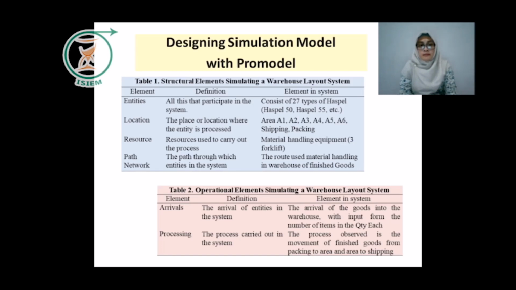Structural element of the simulation warehouse layout system is divided into 4 elements: entities, location, resource, and path network. Operational element is divided into 2 elements: arrival of the goods into the warehouse with input from the number of items in quantity, and the process observed is the move of finishing goods from packaging to area and area to shipping.